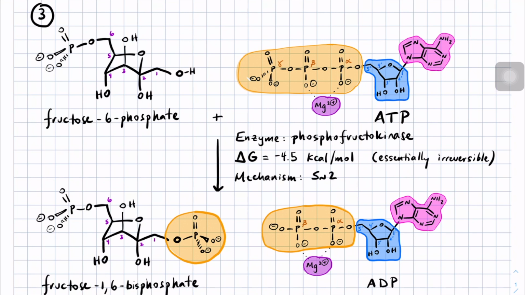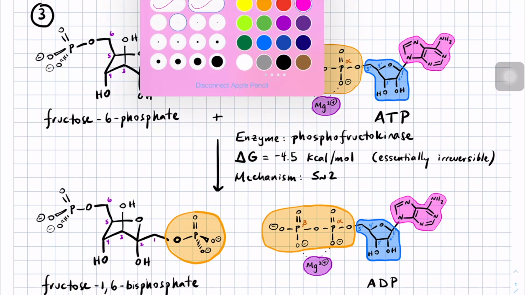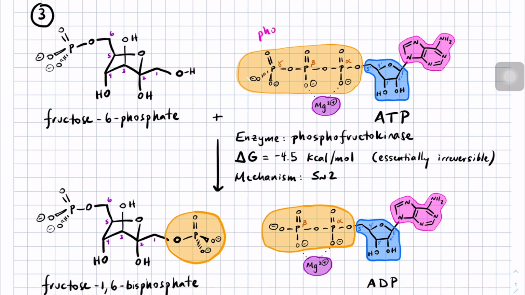It's downhill in energy. And the reason, of course, is because you are replacing a phosphoanhydride bond with a more stable phosphoester bond. So this is not quite as downhill in energy as the first step, but it's a large enough change in free energy that you expect the equilibrium constant to favor products by close to a factor of 1,000.